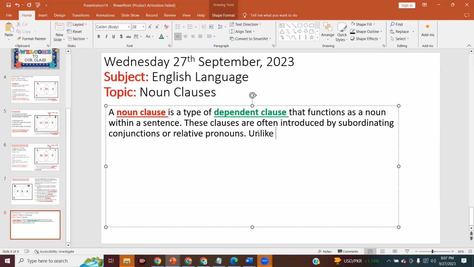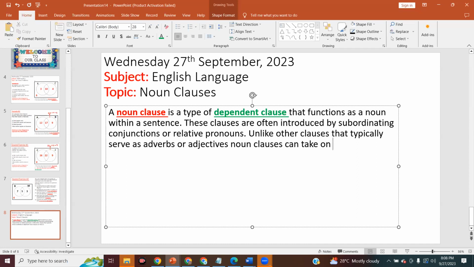So unlike other clauses that typically serve as adverbs or adjectives, noun clauses can take on various noun-like roles.